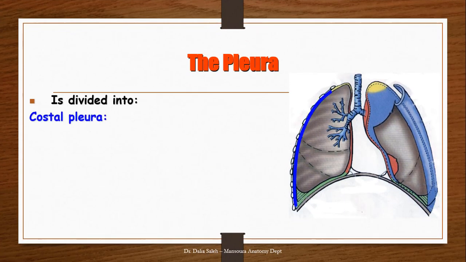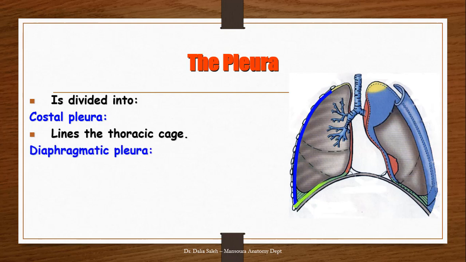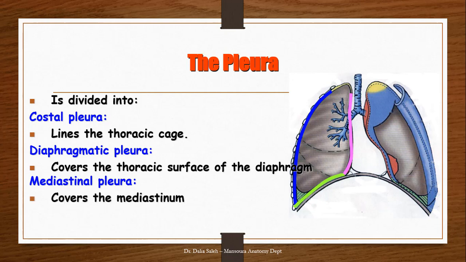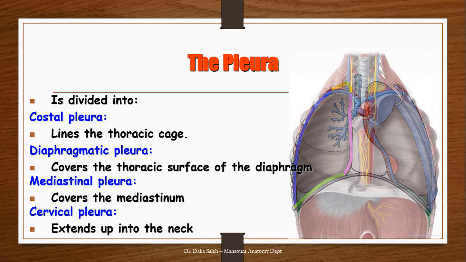The costal pleura, which lines the thoracic cage, thus it is related to the ribs and the intercostal muscles. Diaphragmatic pleura, which covers the thoracic surface of the diaphragm. Mediastinal pleura, which covers the mediastinum or the structures that lie at the middle of the thoracic cage, and cervical pleura, which extends up into the root of the neck.